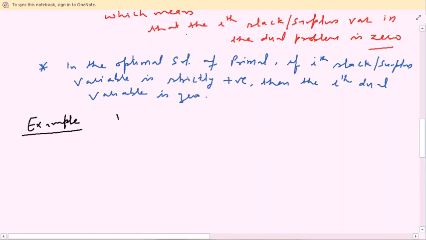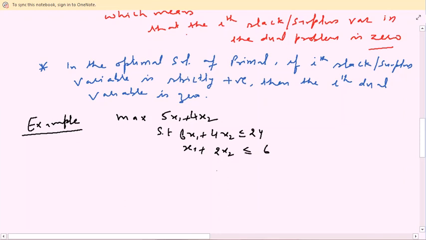So consider an example: maximize 5x1 plus 4x2 subject to 6x1 plus 4x2 less than or equal to 24, x1 plus 2x2 less than or equal to 6, minus x1 plus x2 less than or equal to 1, x2 less than or equal to 2, x1, x2 greater than or equal to 0.